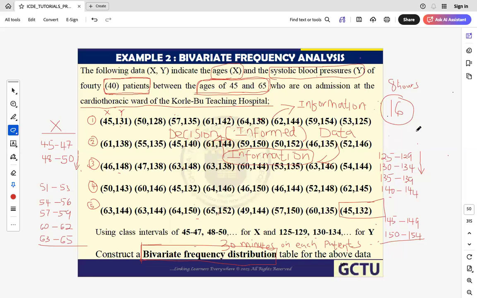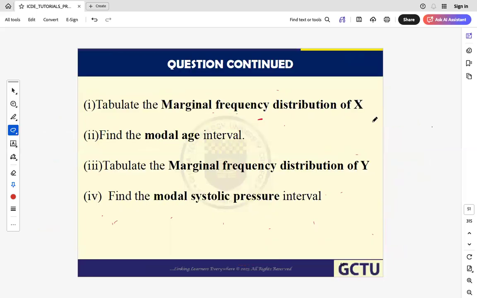And after that, the question is making some demands on us that we should find an information called the marginal frequency of X. That's the first information. Then the second information the question is looking for is called the modal age interval. All these are going to help the doctor or the heart surgeon or cardiologist to take a decision.